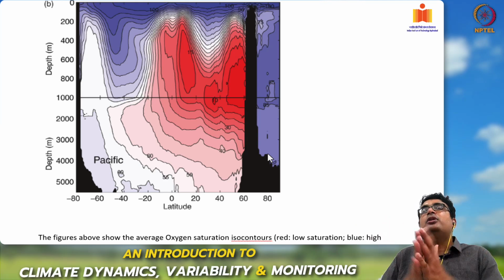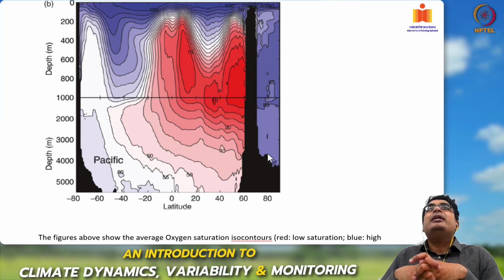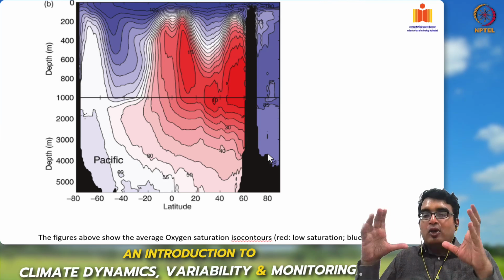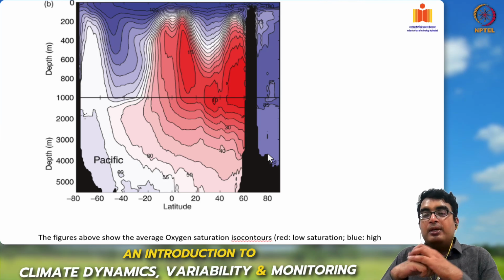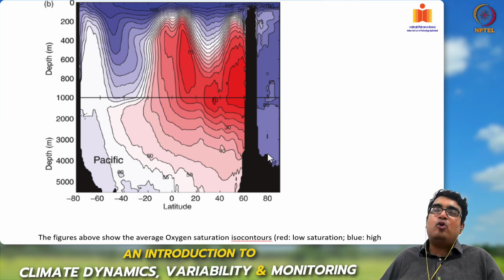The Arctic Ocean is extremely cold, and especially during the winter times, it becomes saline as a lot of sea ice forms at the top, and hence these waters go down all the way, and hence you have a very well mixed sea in the Arctic Ocean itself. Okay.